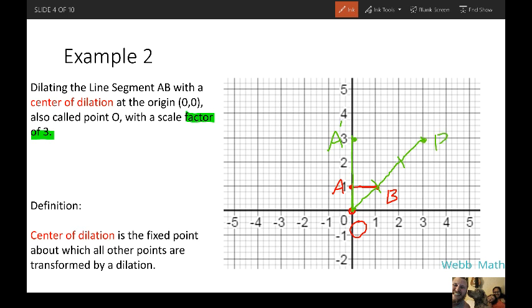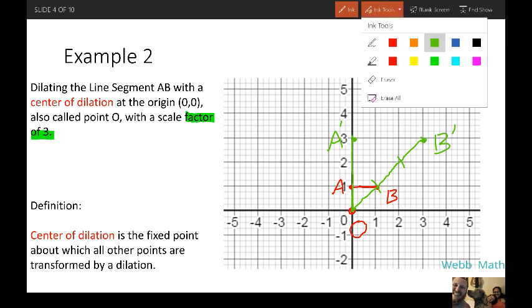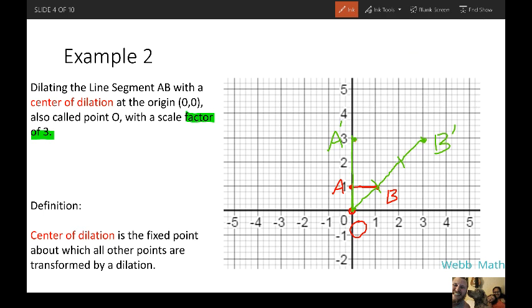And there's B prime. So your new line segment, and this is the answer, after you dilate AB, is going to be right there.